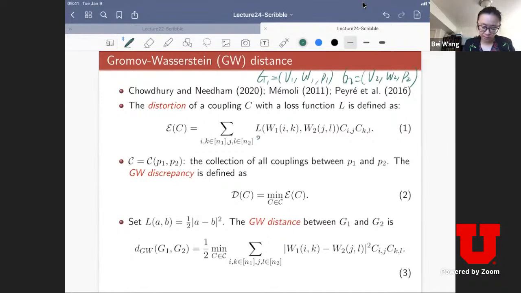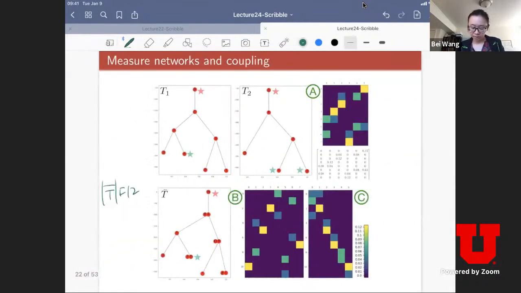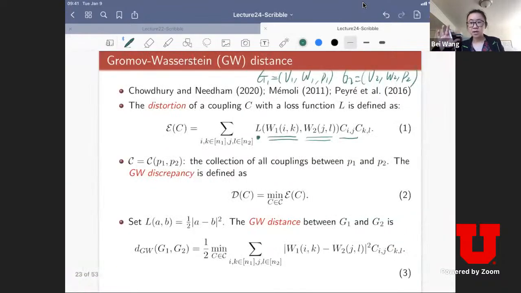So there's a kind of loss function, and you can change that loss function. But what you see here, the first term, W1 IK, is for a pair of edges in the first graph that is matched to a pair of edges in the second graph. And C is a coupling matrix you see right here that is visualized. So think about C as a probabilistic matching between those edges.